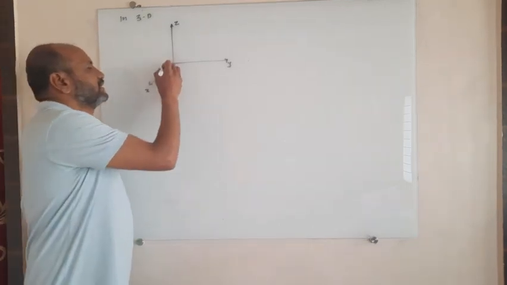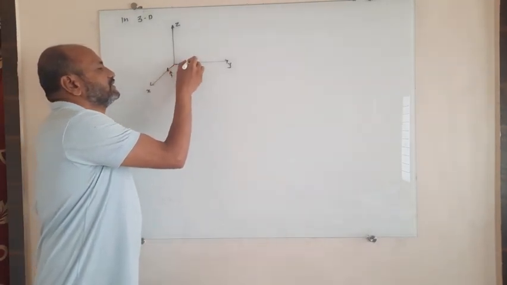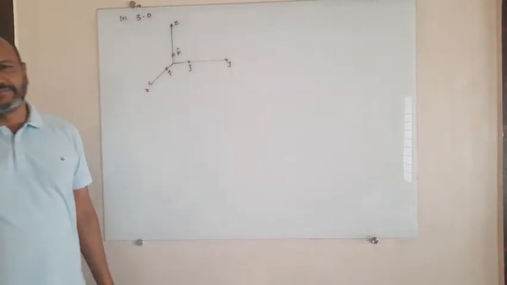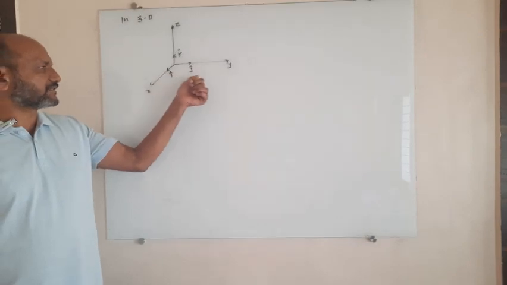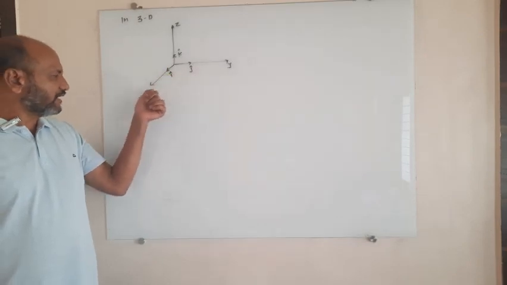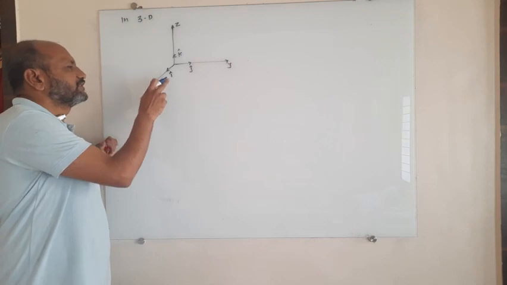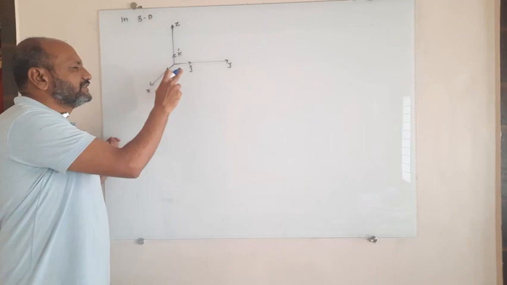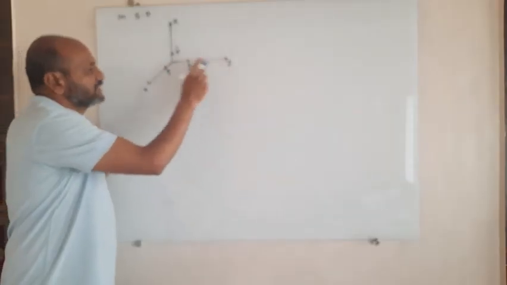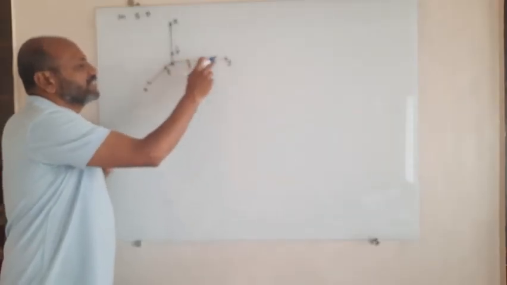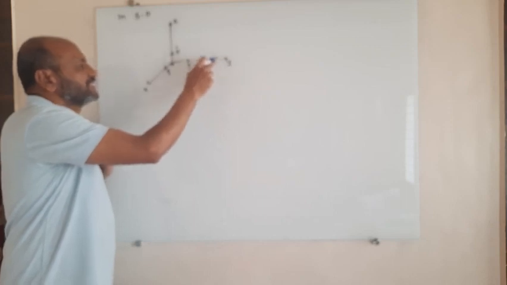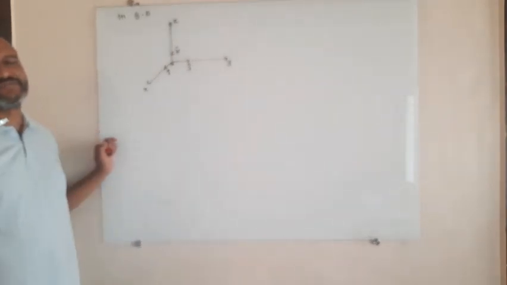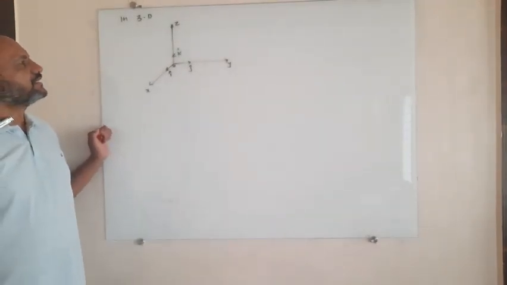In this case, i cap, j cap and k cap are the unit vectors. I cap is along the direction of x, so i cap is the unit vector of the x axis. J cap is directed along the y axis, so j cap is the unit vector of the y axis, and k cap is along the z axis, so k cap is the unit vector of the z axis.